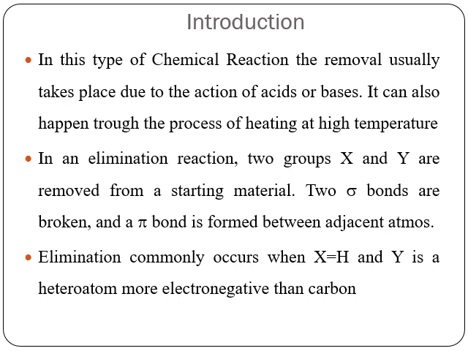In an elimination reaction, the two groups X and Y are removed from a starting material, and two sigma bonds are broken, and as a result we get the formation of a pi bond between the two adjacent atoms. Elimination reaction commonly occurs when X is hydrogen and Y is a heteroatom more electronegative than carbon. That may be a halogen, nitrogen, or oxygen, and so on.